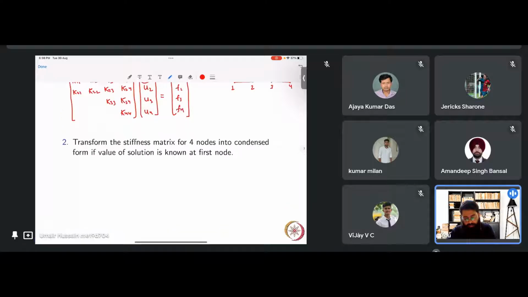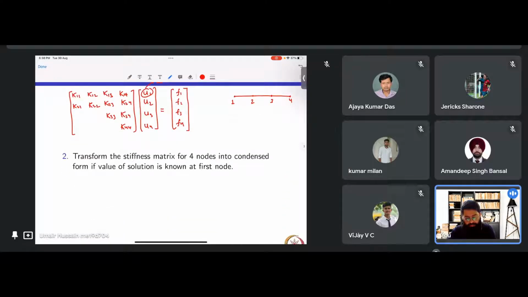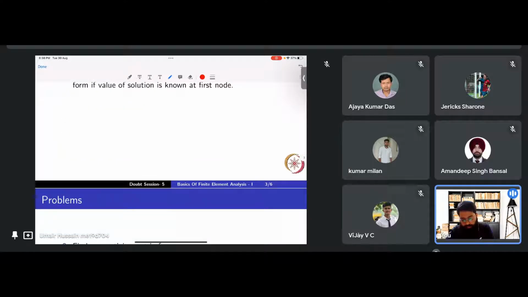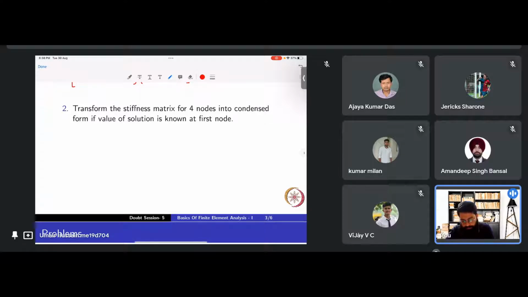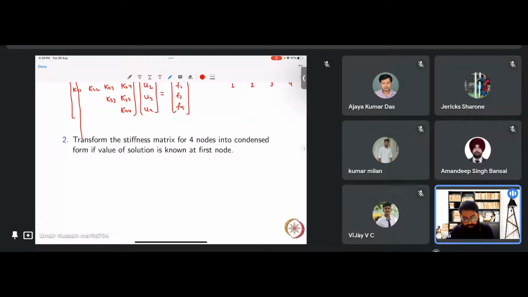Someone just said that we need to eliminate the first row, first column. Yeah, right, that's the way it is done. Basically, we'll eliminate this whole row and this whole column. So we'll be left with a 3 by 3 matrix and 3 column vectors.